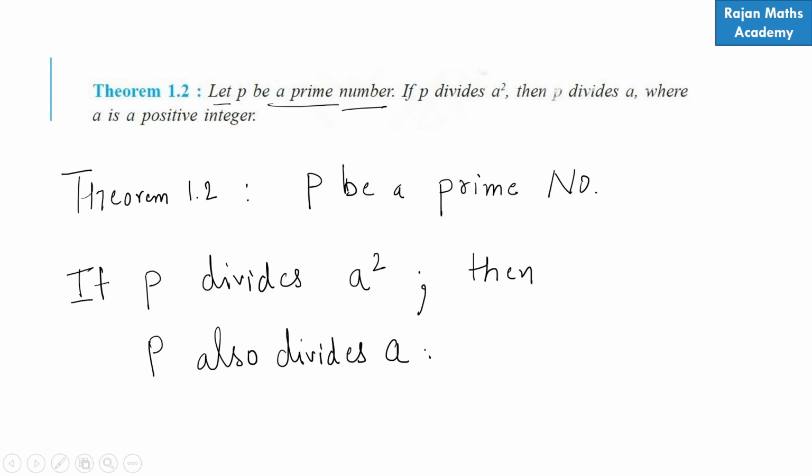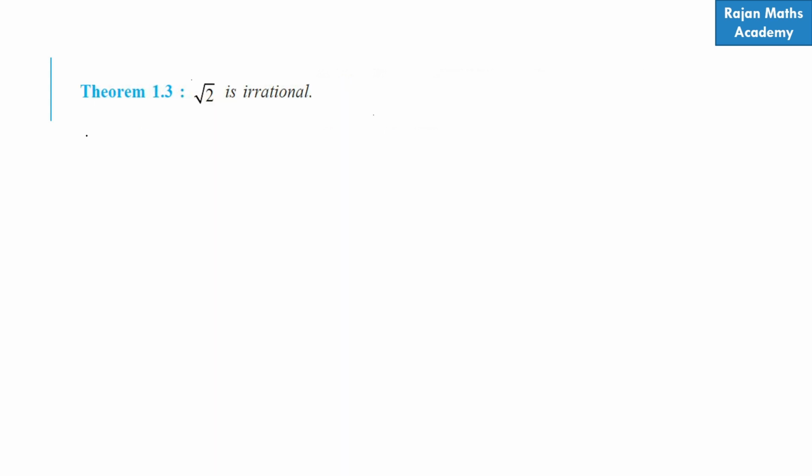So we will remember Theorem 1.2: if p is a prime number and if p divides a square, then p also divides a. Then we will apply this theorem in the next few steps.